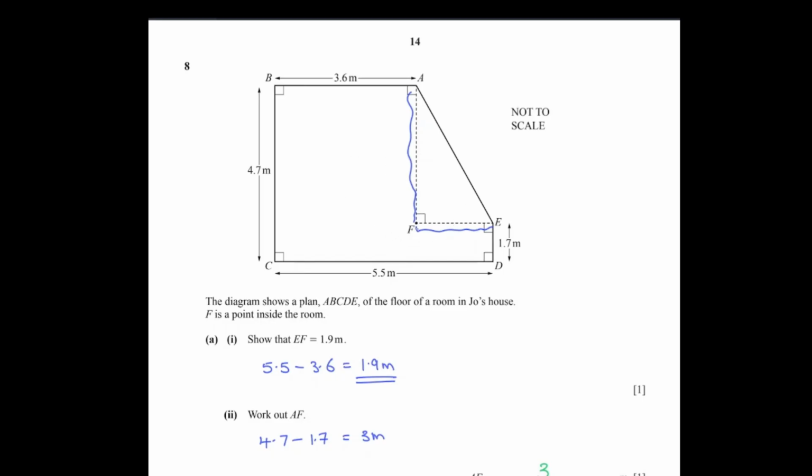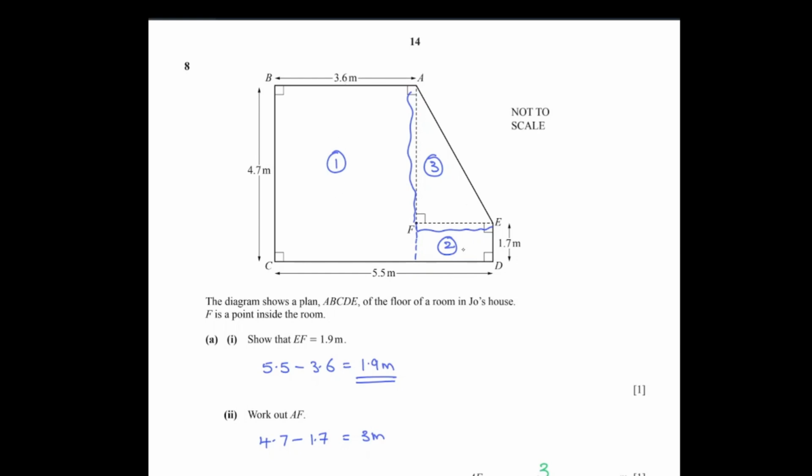So we have to make this shape into 3 different shapes: 1 rectangle, 2 rectangle, and 3 triangle. The first is a rectangle, length into width, so 4.7 into 3.6. We can't use 5.5, because 5.5 is this complete line. So 4.7 into 3.6 is the area of this rectangle.